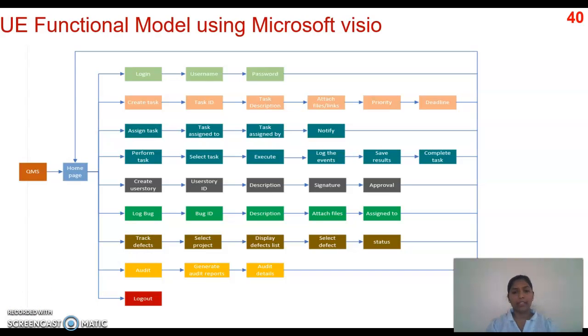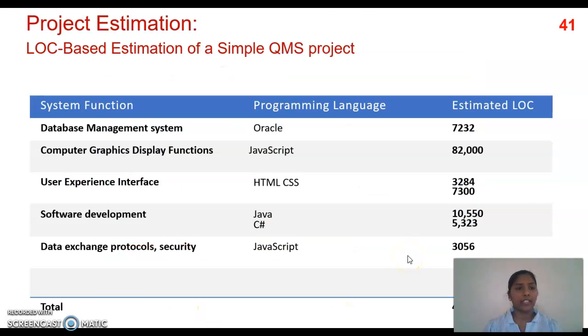And the next topic is project estimation. The software cost estimation can be calculated in two approaches, a direct approach and an indirect approach. LOC based estimation falls under the direct approach. LOC is nothing but the number of lines of code in a QMS project or any system project.